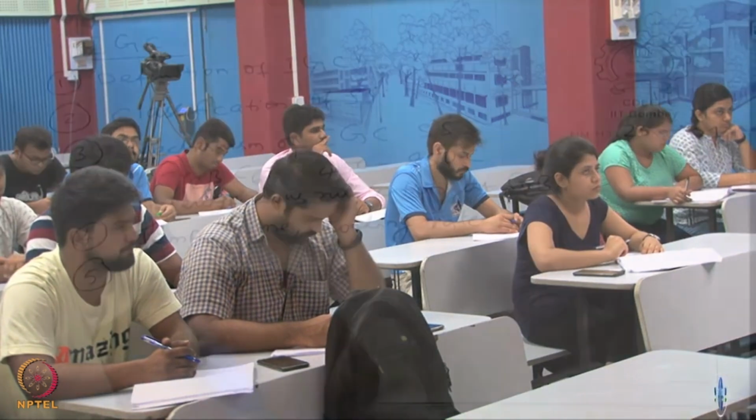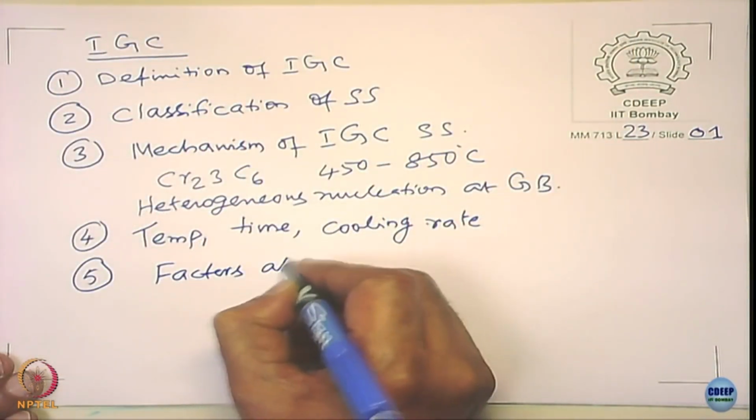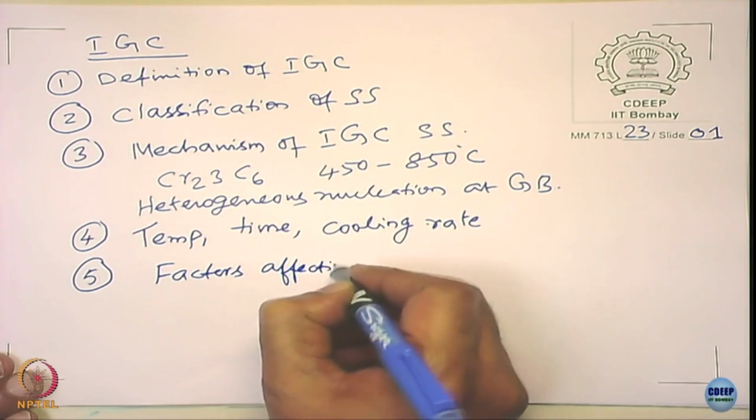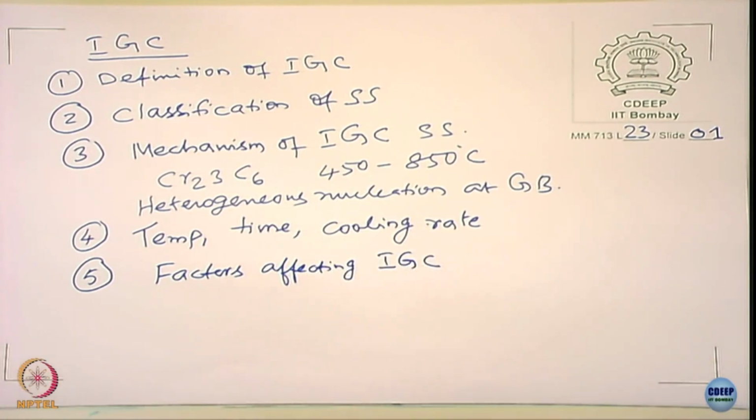Then we went on to discuss the factors affecting intergranular corrosion from the point of view of the alloy, from the point of view of the metallurgy of the stainless steels. We said that of course carbon content is the primary one.